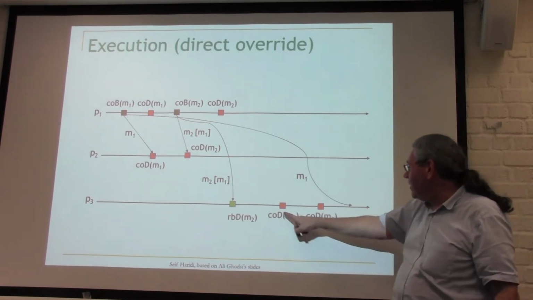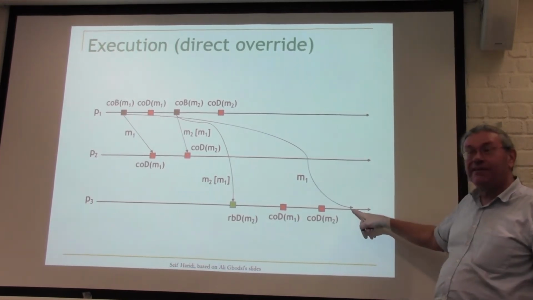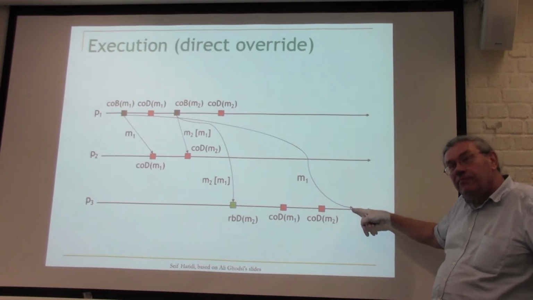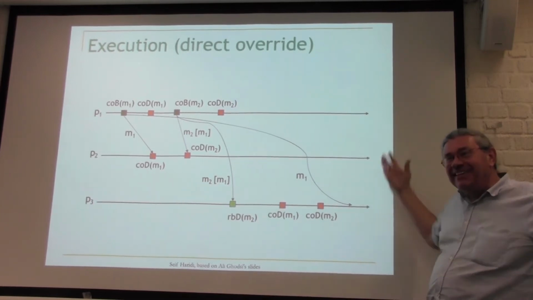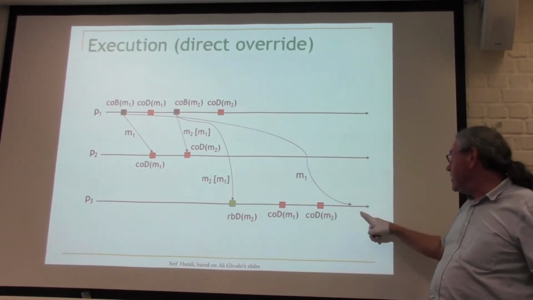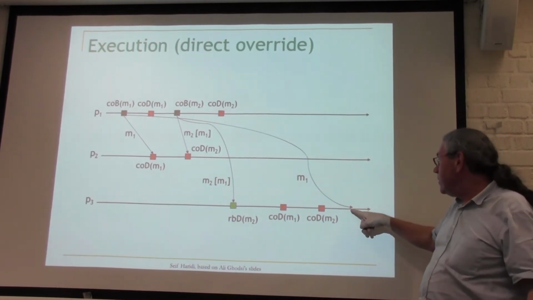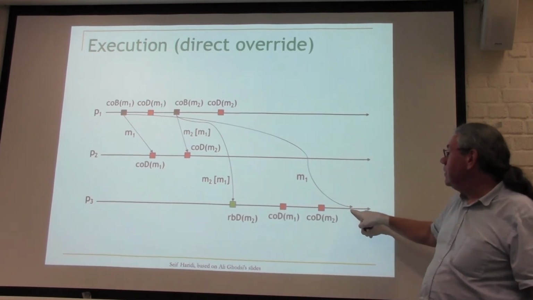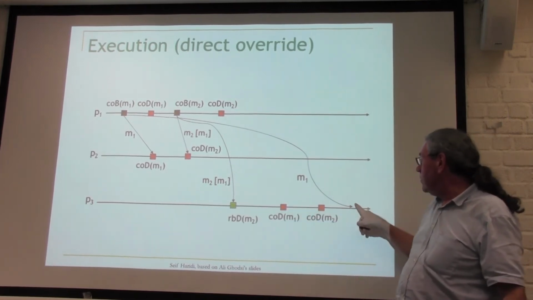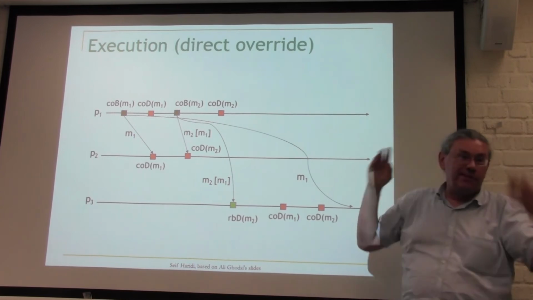Oh, come on. I've already delivered M1 and M2. So what happens here? Nothing. M1 arrives here, but M1 has already been delivered. It's in the delivered set. So nothing is delivered. Fine.